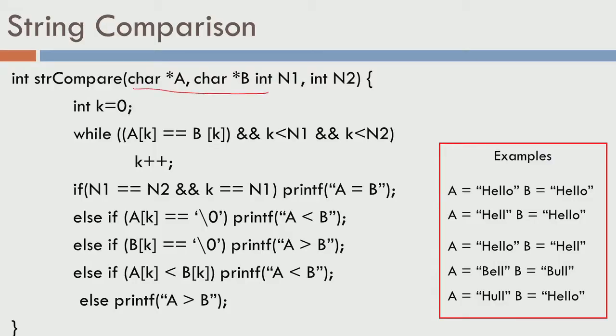There is a small program that I have written here which compares two strings, str compare. I am assuming that there are two strings A and B. There is supposed to be a comma here, and let us assume that there are two integers n1 and n2. n1 is the length of A and n2 is the length of B. I want to find out, when I compare A and B, whether A is less than B, or A equal to B, or whether A is greater than B. Let us look at the examples on the right side.